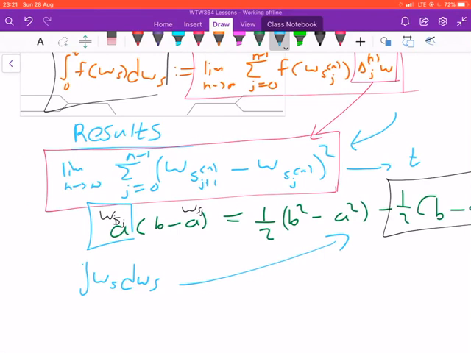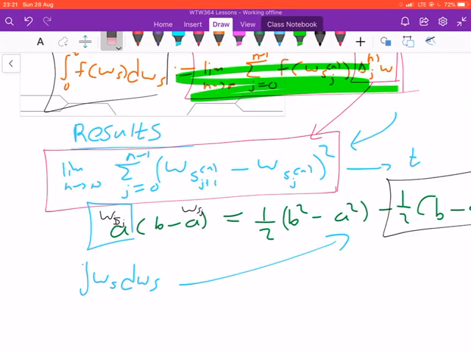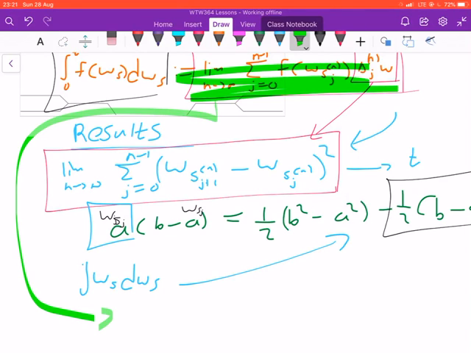If you are able to find the part that I'm going to highlight, then you are able to find the integral. So you can conclude that this is the same as our integral.